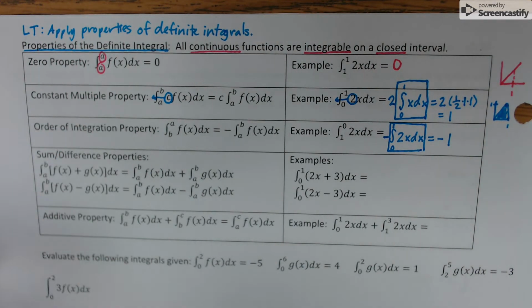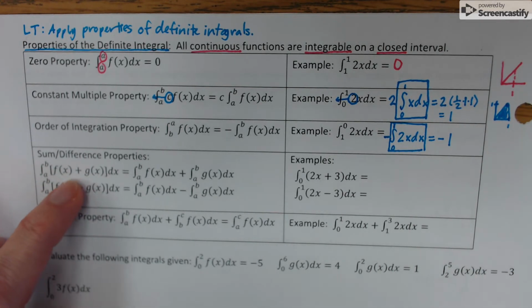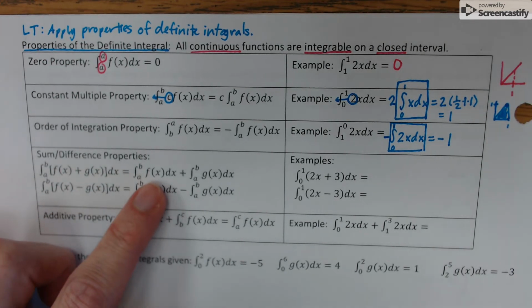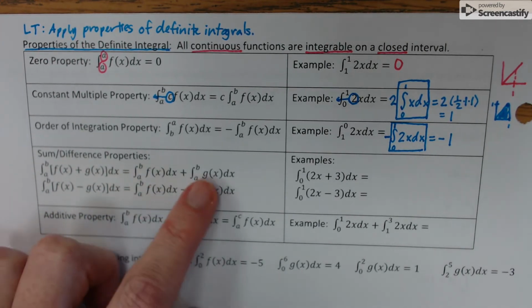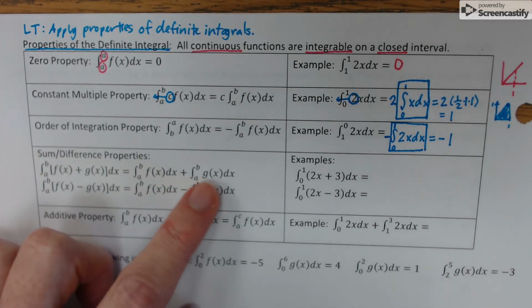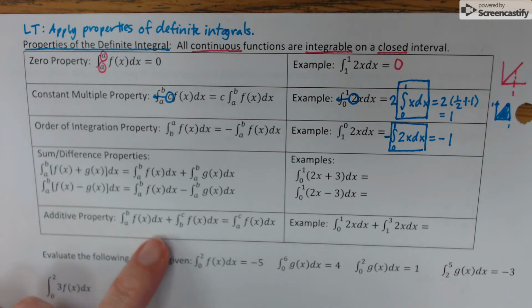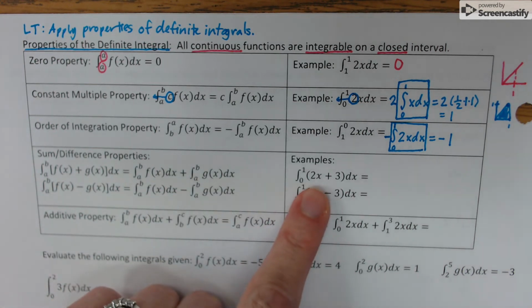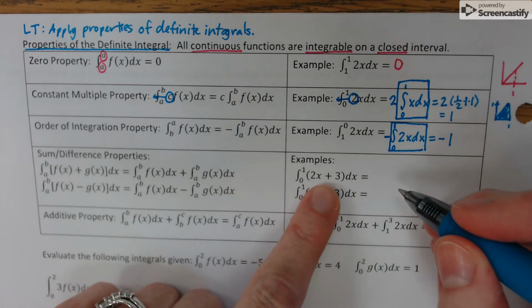Next are the sum and difference properties, and they work very similarly. It's if you have two functions in the integral that are being added or subtracted. If it simplifies things for you, you can actually separate the sum into two integrals, so the sum of the integral of each function separately. So for the example, we have from 0 to 1 of 2x plus 3.